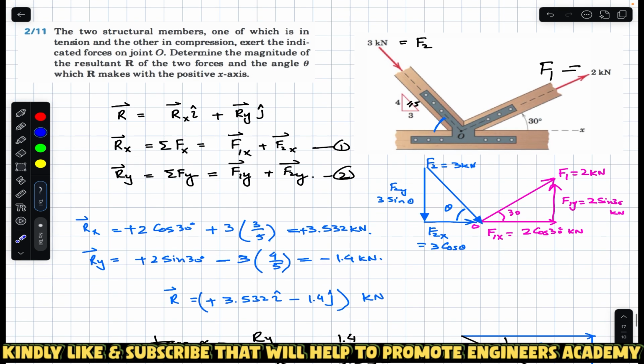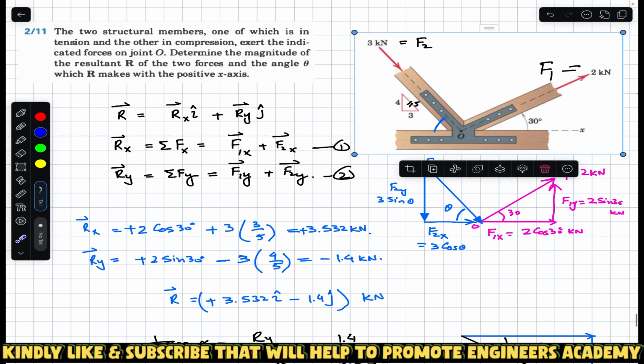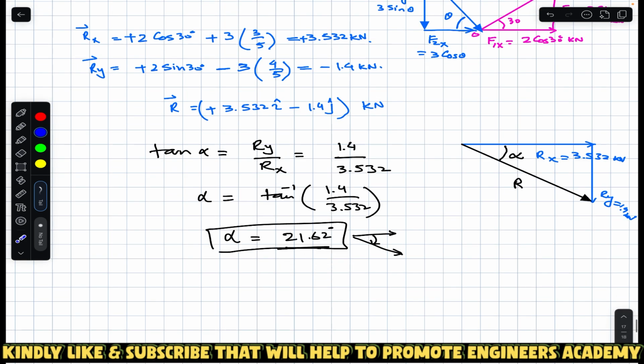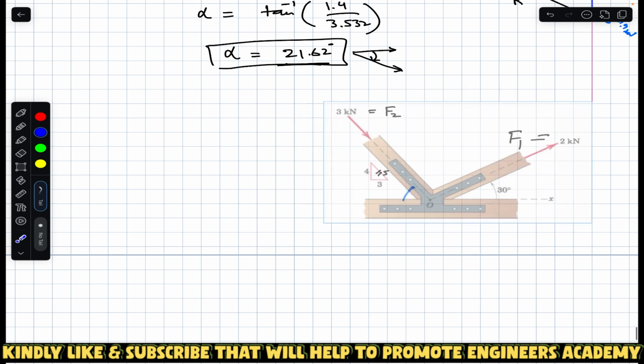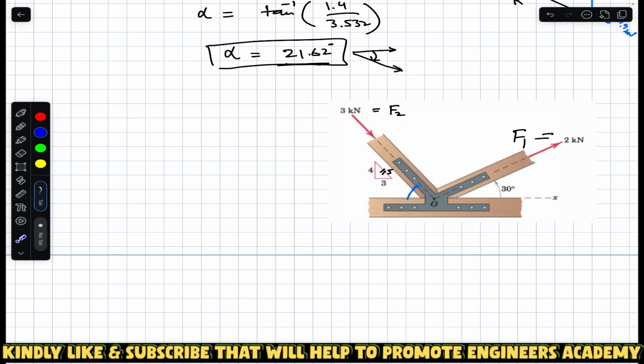Now another method for this question is applying the geometrical method. So let me copy this. As we know, if we add f1 and f2 by the head to tail rule, they must give us the resultant.